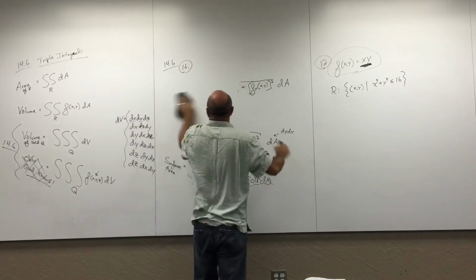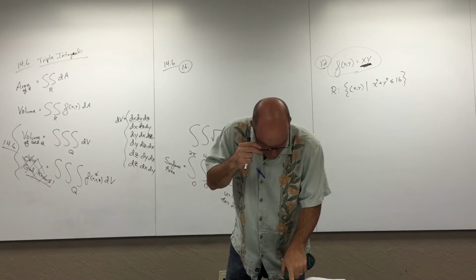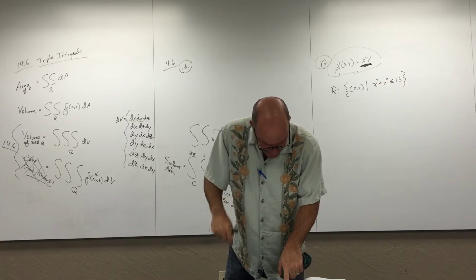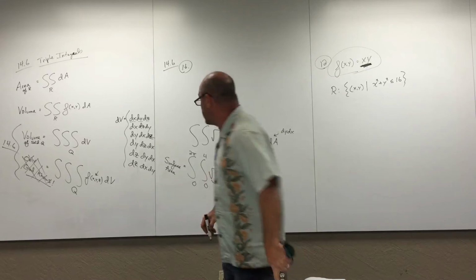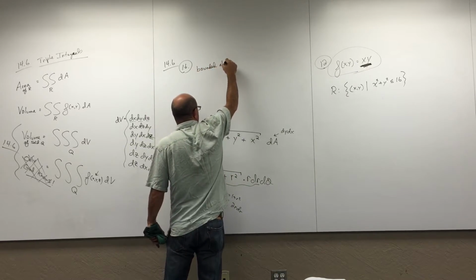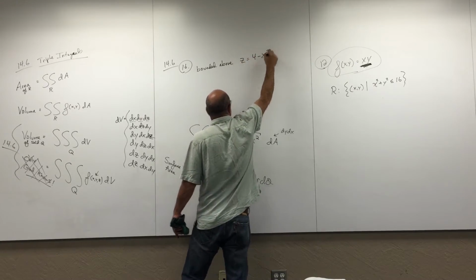I'm in 14.6, problem number 16. It says set up a triple integral for the volume of the solid. The solid is bounded above by the cylinder z equals 4 minus x squared. Let me write this down. That was nice of them to say bounded above, by z equals 4 minus x squared.